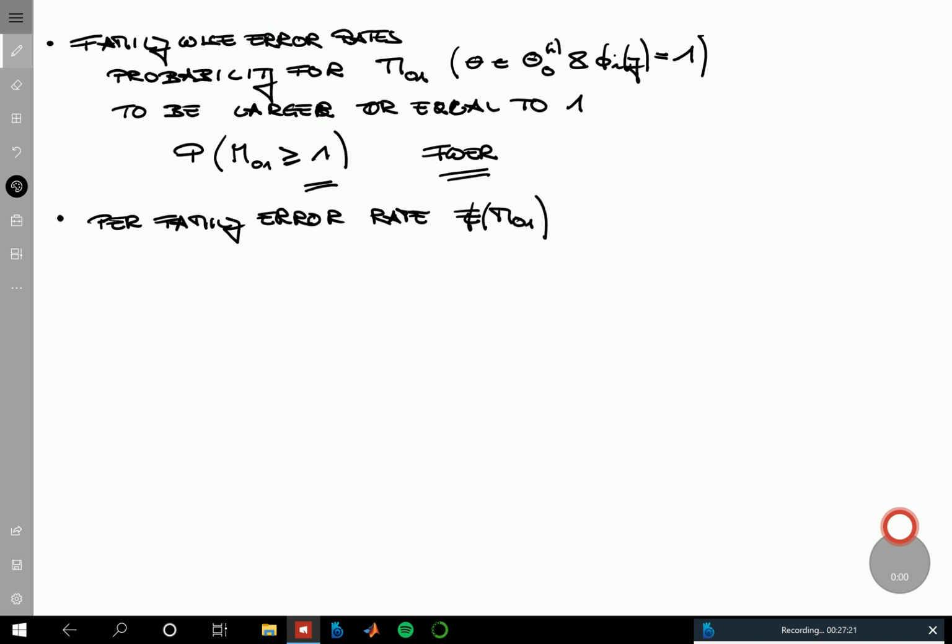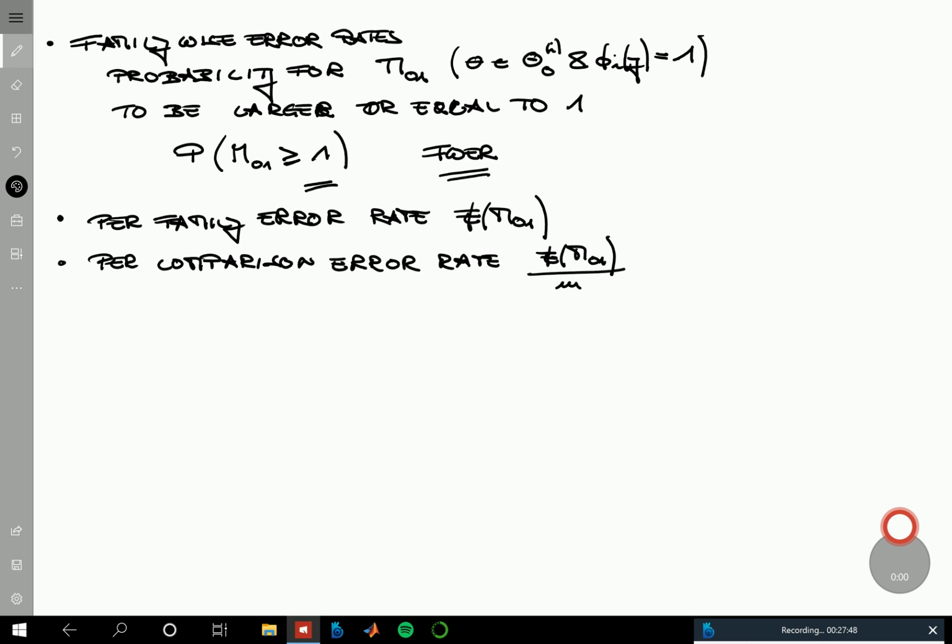The per comparison error rate, which means per test, is the expected value of M01 divided by the total number of hypotheses, M.